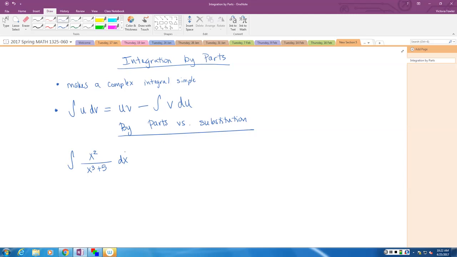Substitution? How do we know that? So I'm hearing your u would be the x cubed plus 5. Your du turns out to be 3x squared, which will end up canceling with the x squared. Okay, good. So by substitution. Does everyone know why? Okay.